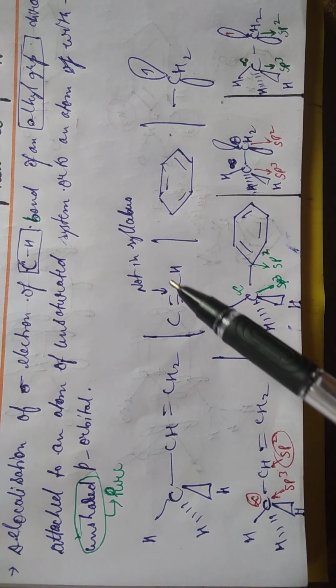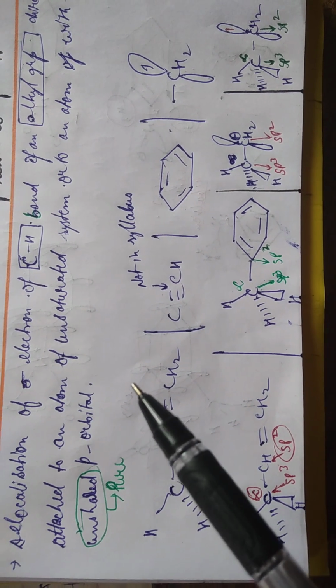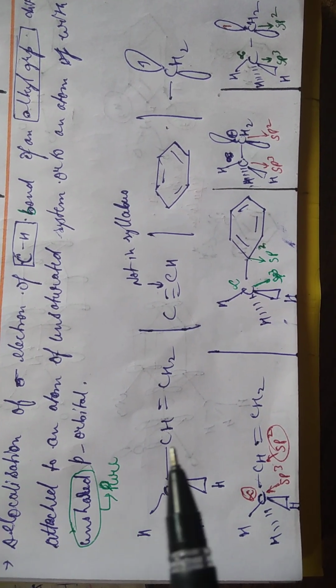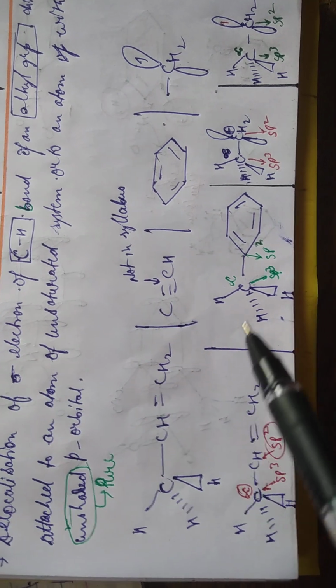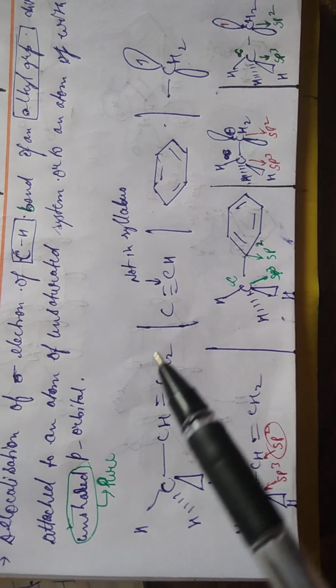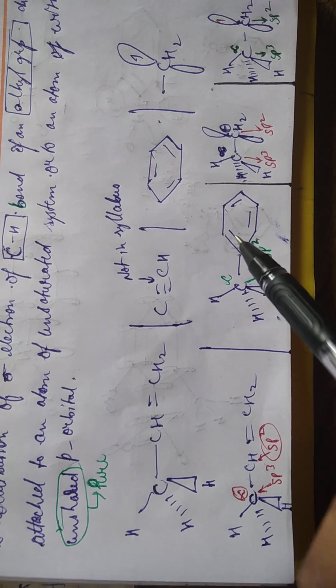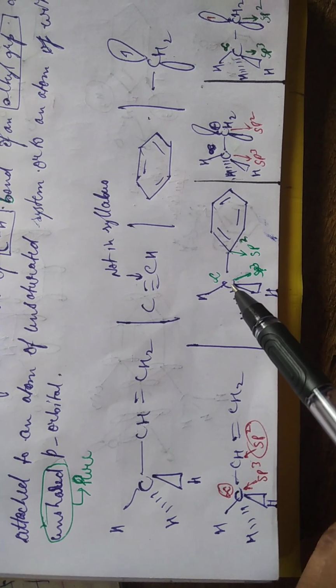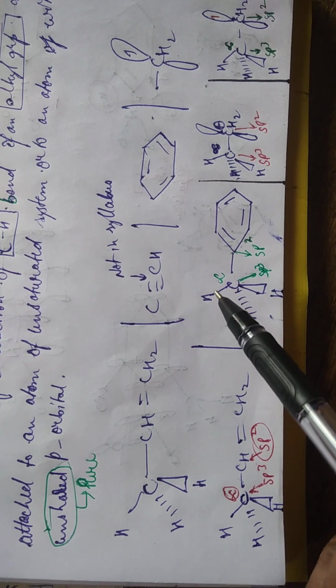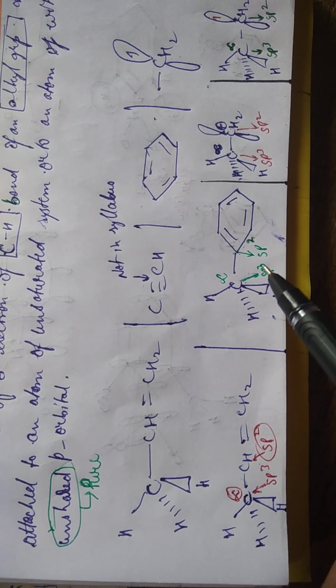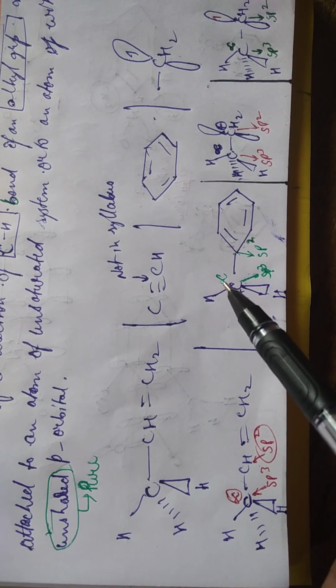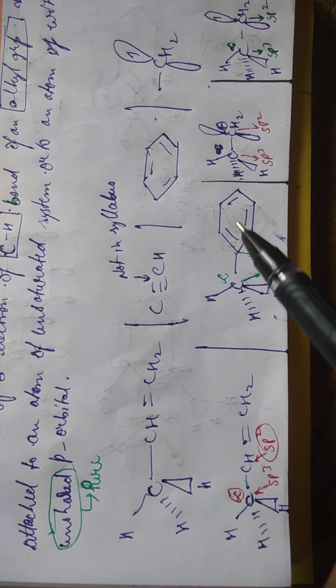Then you can calculate the alpha hydrogens of the attached carbon. Here a benzene ring is attached, and the adjacent carbon has 3 hydrogens, which is sp3. Here the alpha hydrogens will be 3.